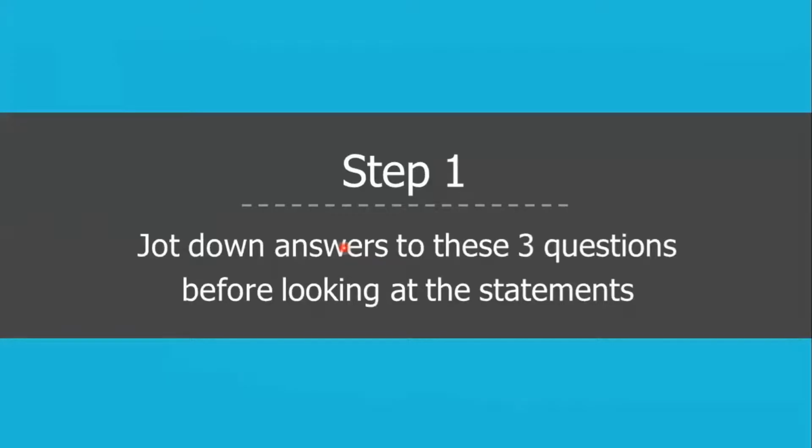Step 1, please read. Step 1: Jot down the answers to these 3 questions before looking at the statements. So now we will have to ask the question about these two statements, and we will have to rethink their answer, that what are the possible answers of these basic 3 questions.